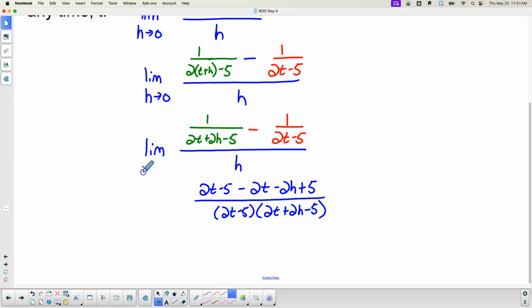Yeah, then just put the h. And then you can start canceling the 5 and the 2, up top, yes. I got rid of the over h by multiplying it by 1 over h. I did the keep change flip in my head and just threw an extra h on the bottom.